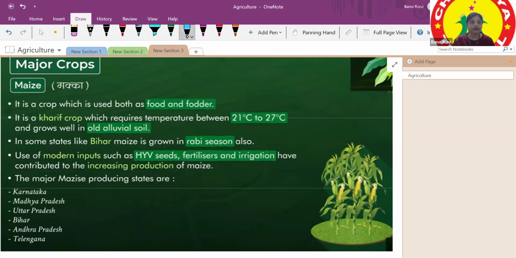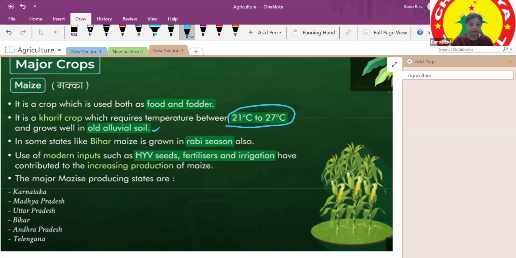maize. So it is a kharif crop which requires a temperature between 21 degrees centigrade and 27 degrees centigrade and grows well in old alluvial soil. And in some states like Bihar, maize is grown in the rabi season also.